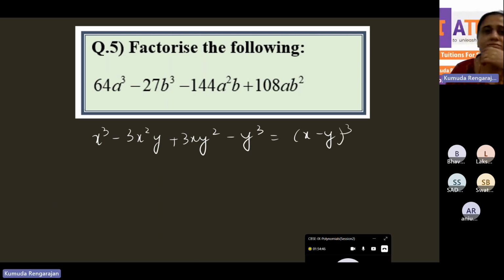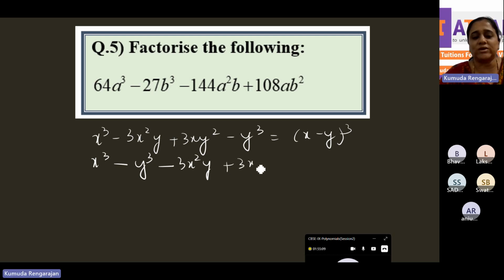Please focus. X cube minus 3x square y plus 3xy square minus y cube is x minus y the whole cube. But we're just rearranging the terms like in the question. In the given expression, the cubes are here and here.